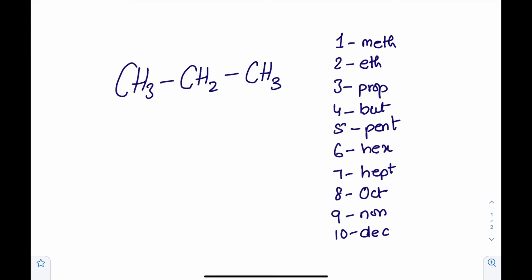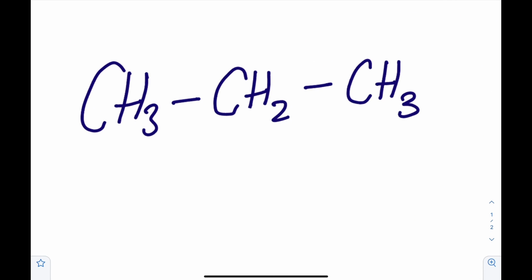For most syllabuses, especially for A level, you only need to know about 6 of them. So this is very important. But it's good practice to know at least till 10. Okay, so coming back to our question. We have CH3, CH2, CH3. So that is carbon 1, 2, and 3, right?